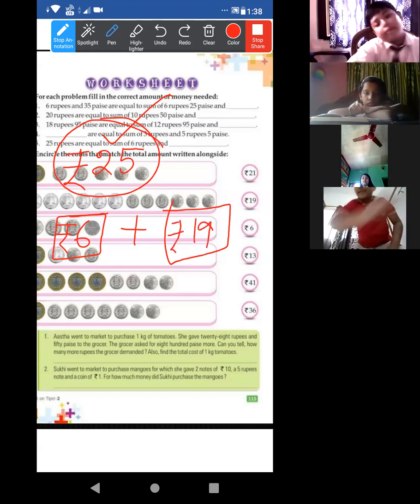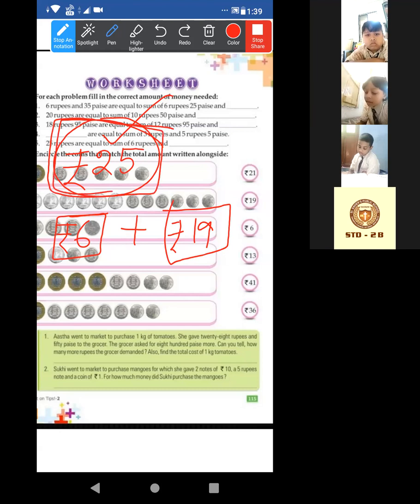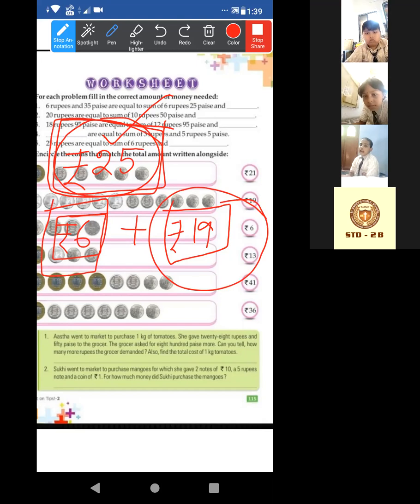Now understood? Farhan Akhtar, Rahat, Fatia Sultana, Jinia, Jennifer. Rahat, listen beta. You have to make it 25 rupees. You have only 6 rupees. Then how many do you have to add? Count from 6 up to 25.